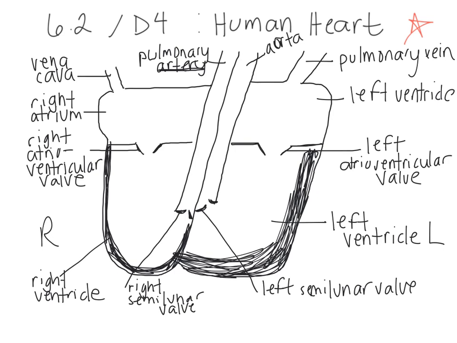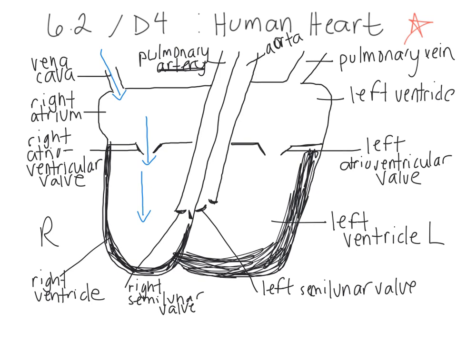If we wanted to trace the blood flow, again, I don't think you would be asked to do this in a drawing, but just in case you've had to mentally trace the blood flow to answer a question, deoxygenated blood comes from the rest of the body through the vena cava into the right atrium. From the right atrium, okay, that right atrium is going to contract and push open this right atrioventricular valve. When that blood fills up the right ventricle, okay, the right ventricle is going to contract.